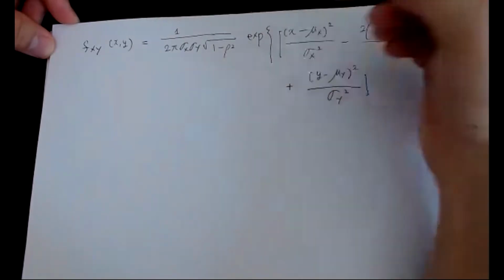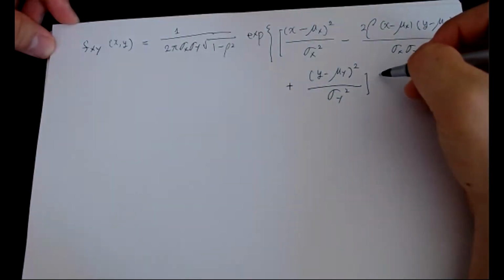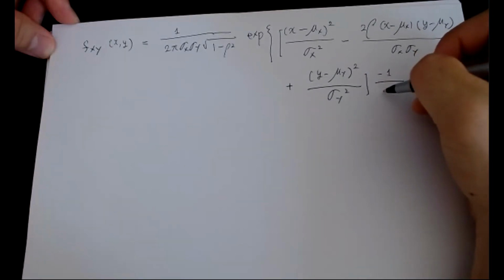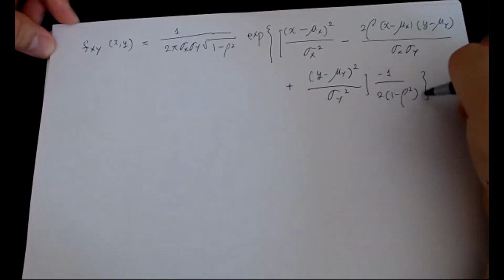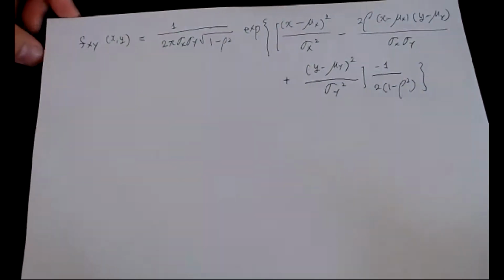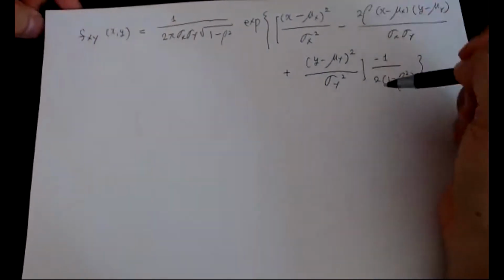I forgot the constant term: times negative 1 over 2 times 1 minus rho square. I know it's complicated to memorize, but please be familiar with this.